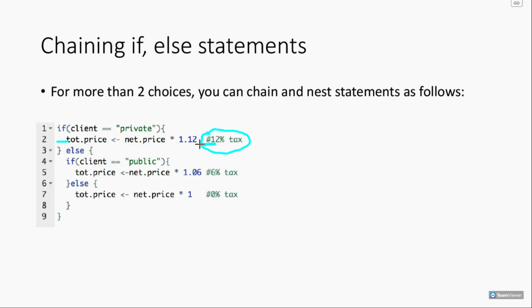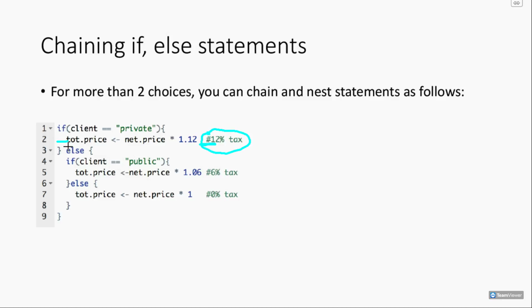Whatever you write after that hash sign is not considered code. You are just commenting the code for readability and for your reference later on, to remind yourself that it's a 12% tax. You can put any number of comments over here, or you could add a comment line right before this.